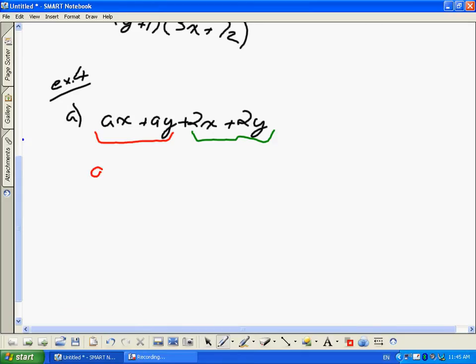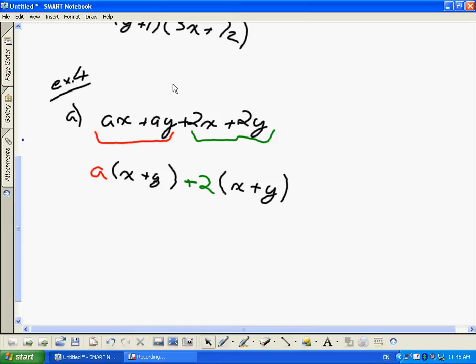So I'm going to take a to the outside, and in the brackets, I'm left with x plus y. What about my green pair? Do you see a common factor? 2. 2 is a common factor in my green pair. So I'm going to take out positive 2. And inside the brackets, once again, I'm left with x plus y.